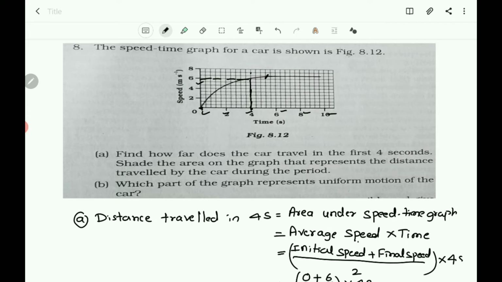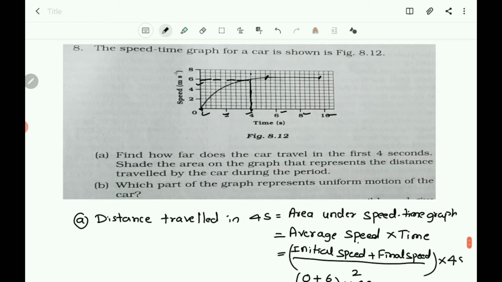So you can say that the straight part of the curve, parallel to the x-axis, that is the time axis, represents the uniform motion of the car. This is the straight line part.